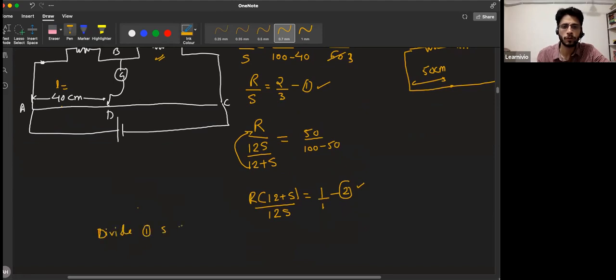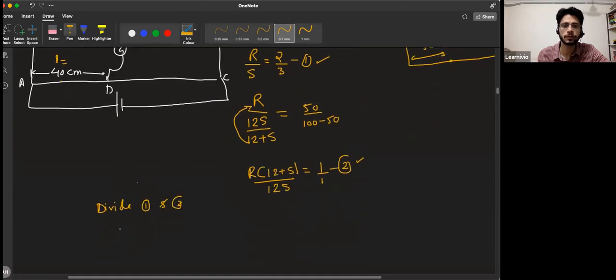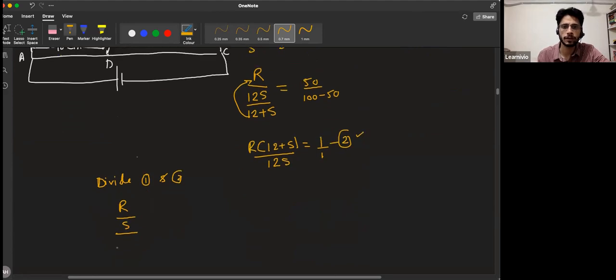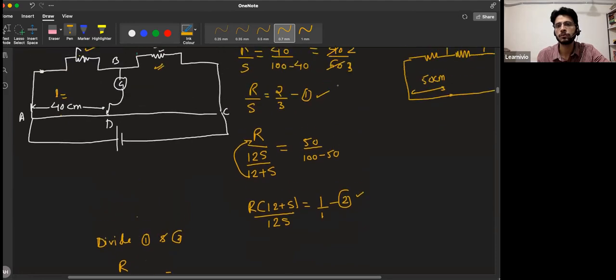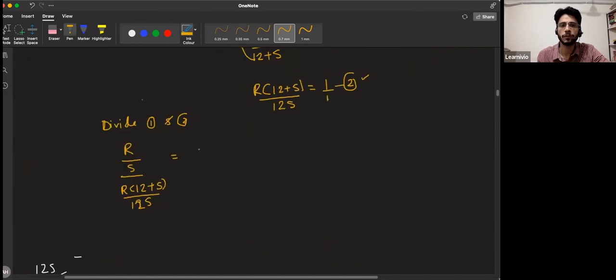So when you divide 1 and 2, what we get is R by S divided by R into 12 plus S divided by 12S, which is equal to 2 by 3 by 2.